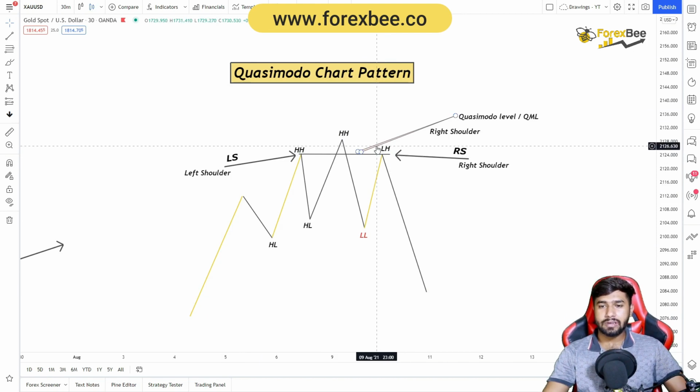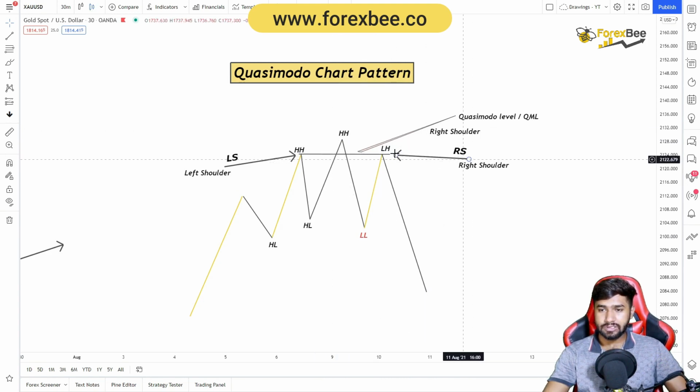There are some terms that you should familiarize yourself with. After the formation of the retracement, there's a lower high formed, which is at a lower level than this higher high. So this side is basically called the right shoulder, and this side is basically called the left shoulder of the Quasimodo pattern.